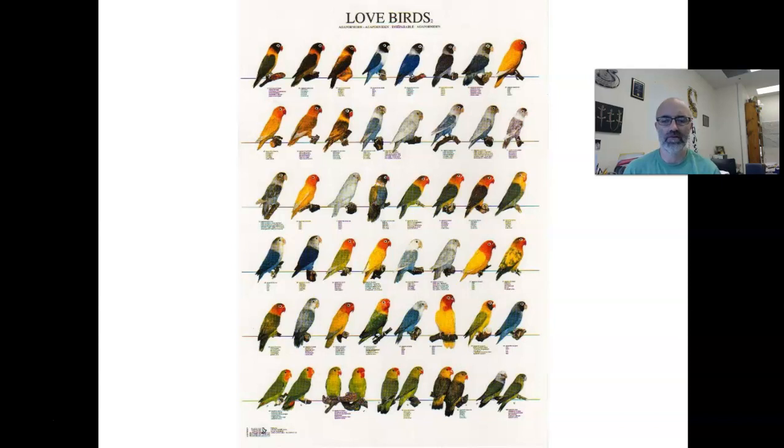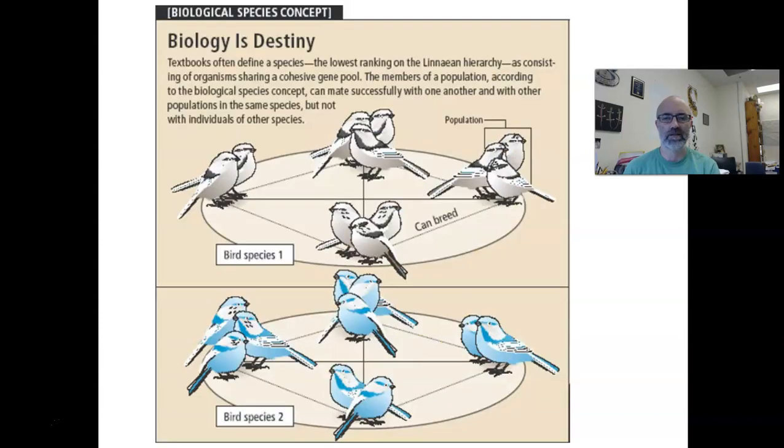Right here, lovebirds, different species of them. I believe these guys live in Australia. The interesting thing about birds is the color variation that allows us to group and categorize them.